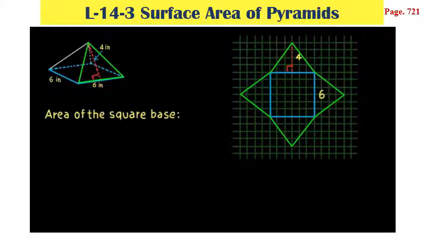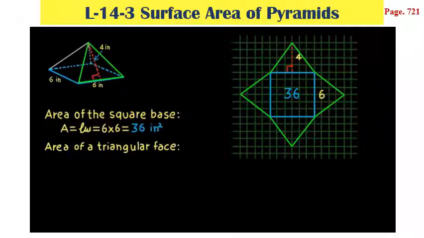The base is a square. Its area is its length times its width. 6 times 6 equals 36 square inches. Next, we'll find the area of a triangular face. To find the area of a triangle, we use the formula 1/2 times the base times the height.